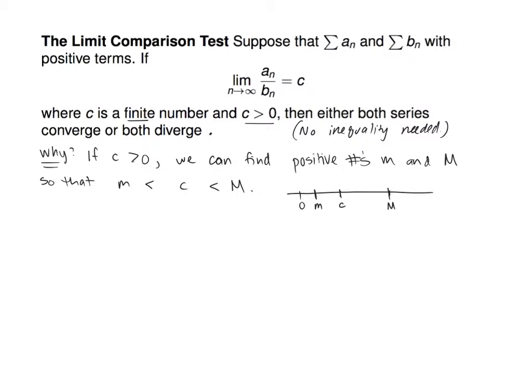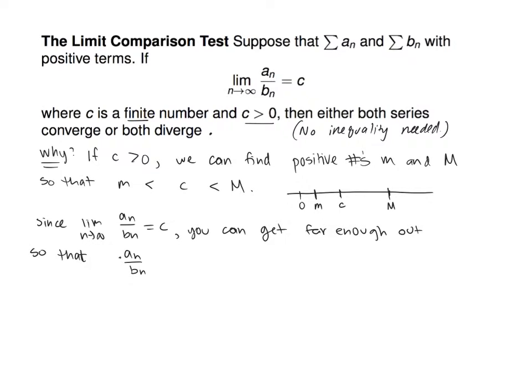Okay. Here's where you use the limit business. You say, since the limit as n goes to infinity of a sub n over b sub n is equal to c, you can get far enough out so that a_n over b_n is in between that m and that big M. Does that idea make sense?